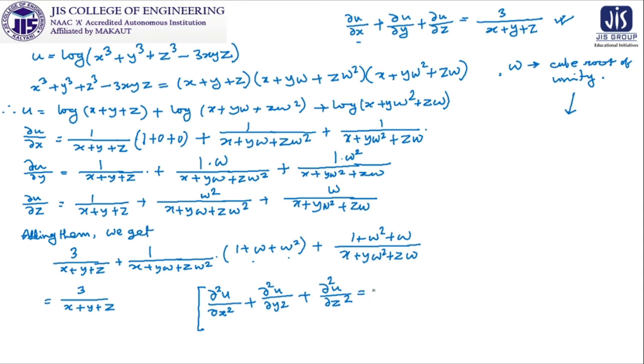You have to show that it will be equal to minus of 3 by x plus y plus z whole to the power 3, whole cube actually. You have to prove this at home. But the problem is not yet over.